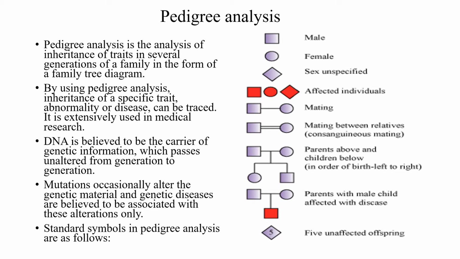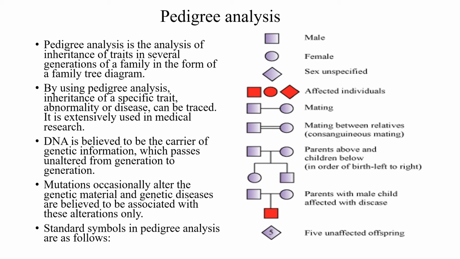That is only a family tree diagram. Regarding the analysis done, based on what takes place, the inheritance of traits, that is pedigree analysis. By using pedigree analysis, inheritance of a specific trait or abnormality or disease can be traced. It is extensively used in medical research.